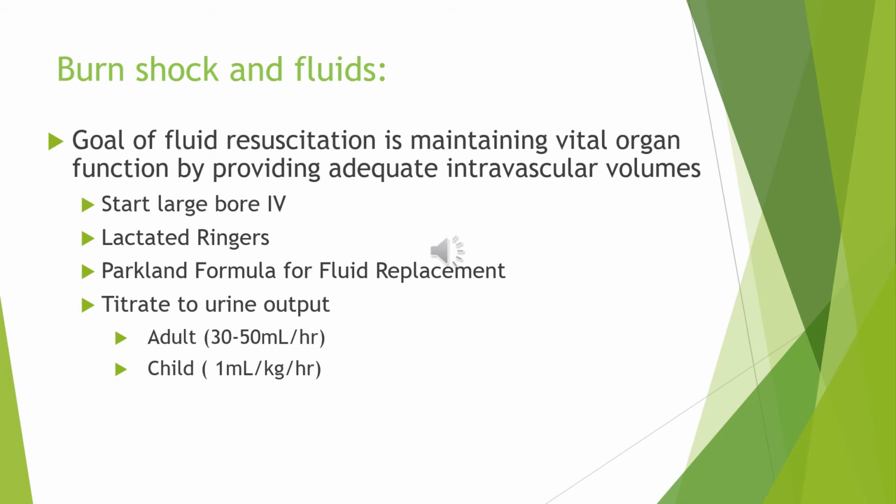Lactated Ringer is one of the main fluids that they use. The Parkland formula is used to decide how much fluid this patient needs to be getting. They also titrate the fluids according to the urine output. Typically an adult output would be 30 to 50 milliliters per hour, and for a child it would be 1 milliliter per kilogram per hour.